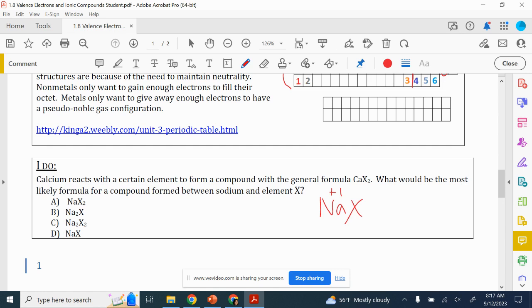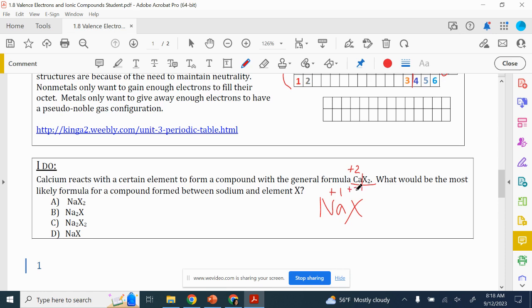Okay. So we're going to start with this. I know that calcium is what? It's a +2 because it's in the alkaline earth metals column. So calcium is most likely to lose 2 electrons. If it loses 2 electrons, it's going to have a +2 charge.